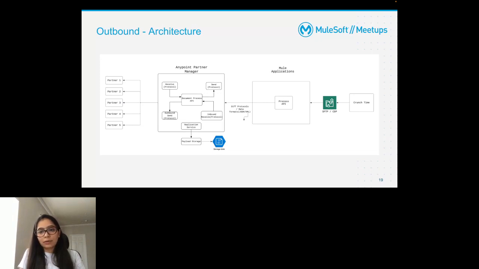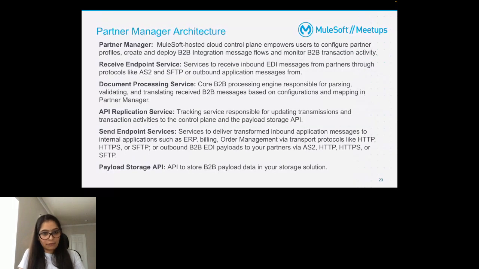So I send the transaction from SFTP to inbound, validate, replicate, and outbound to the partners. So this is what the internal structure looks like. And as I told you, there are 5 services running behind the scenes to have the transaction running end to end.